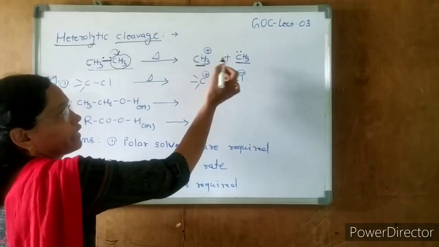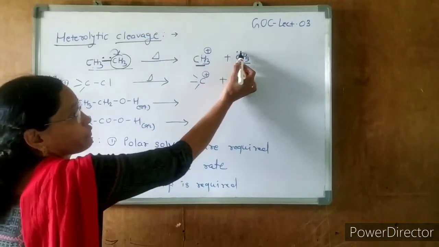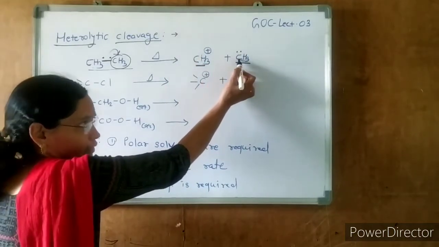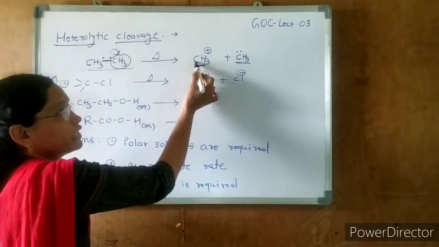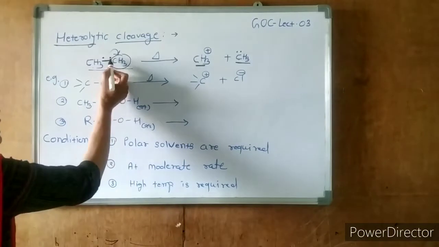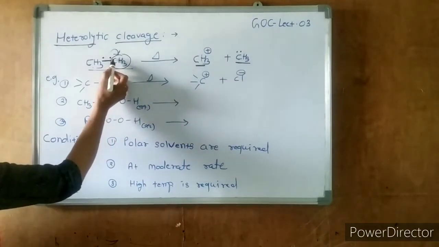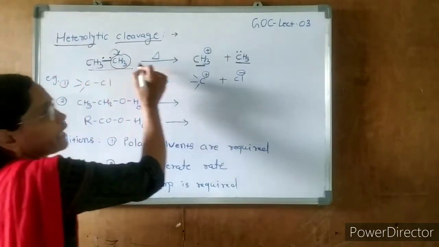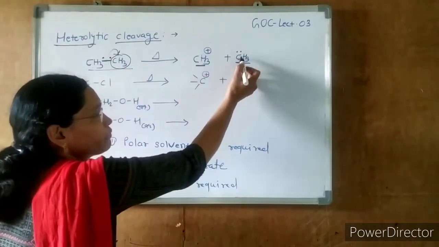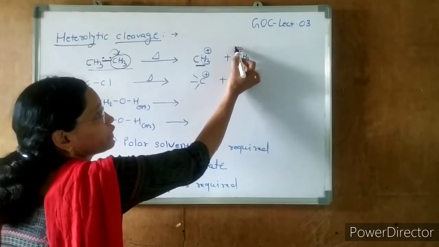This carbon takes the electron present on it and also the electron of the other carbon atom. Both electrons are taken by this carbon, so it will acquire a negative charge.